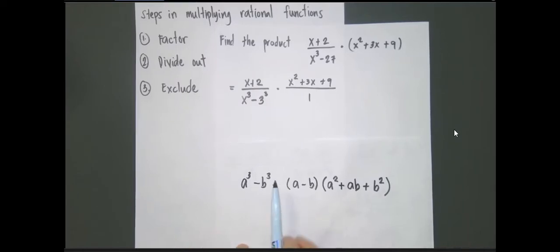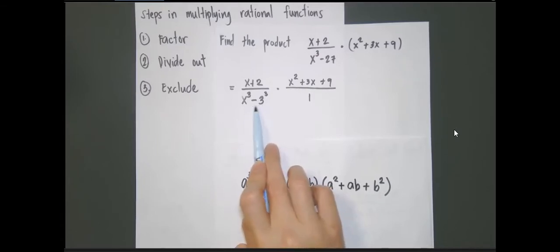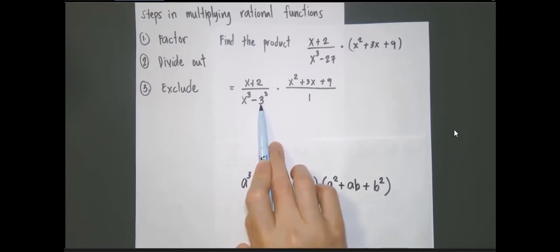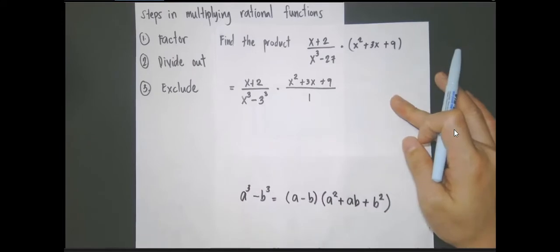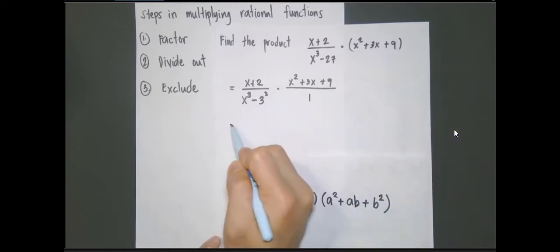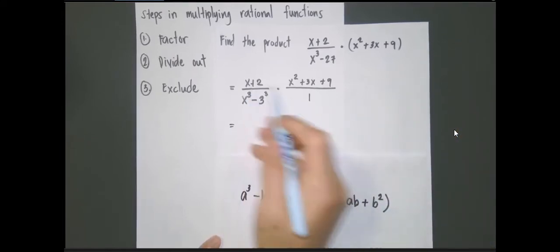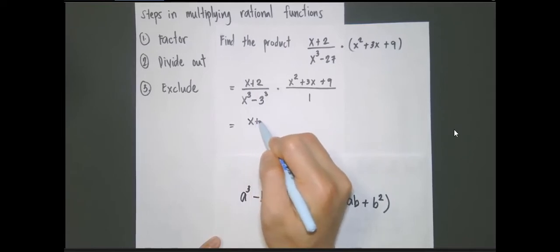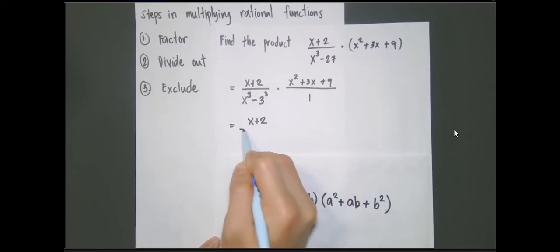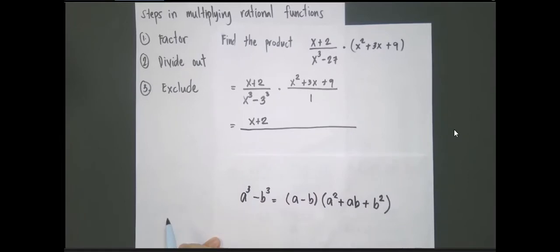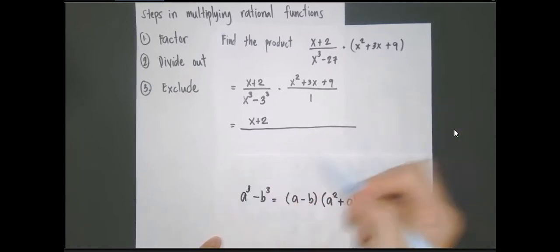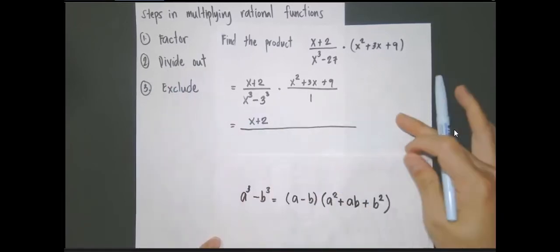In our problem, our a is x, our b is 3; we disregard the sign. To factor that, first we copy the x plus 2. By the way, we are placing it in a single fraction so we can easily divide out the common factors.